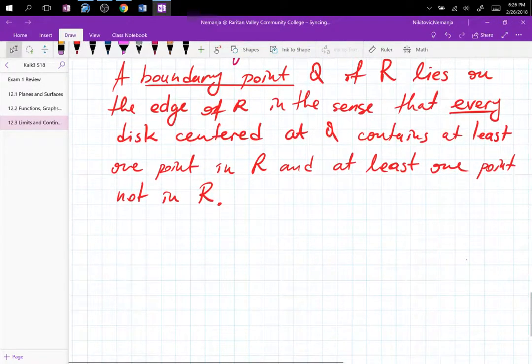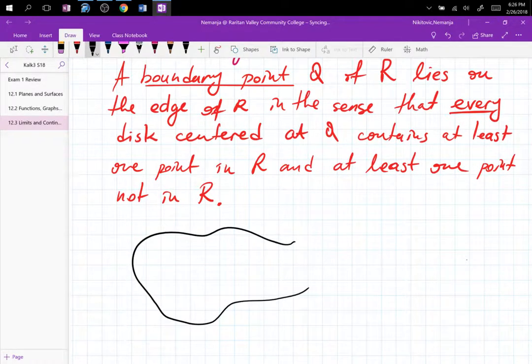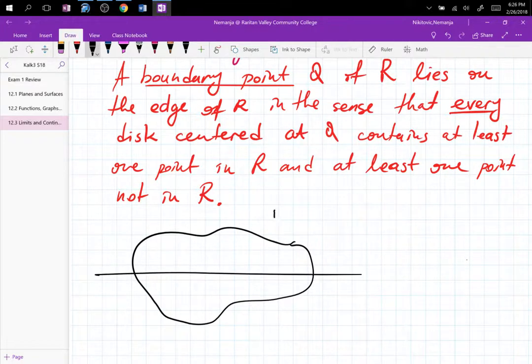Now to draw this, we are going to just imagine some domain. So this domain lives in X. Here, I'll draw the X and Y plane if that makes you happy. So this is our domain.